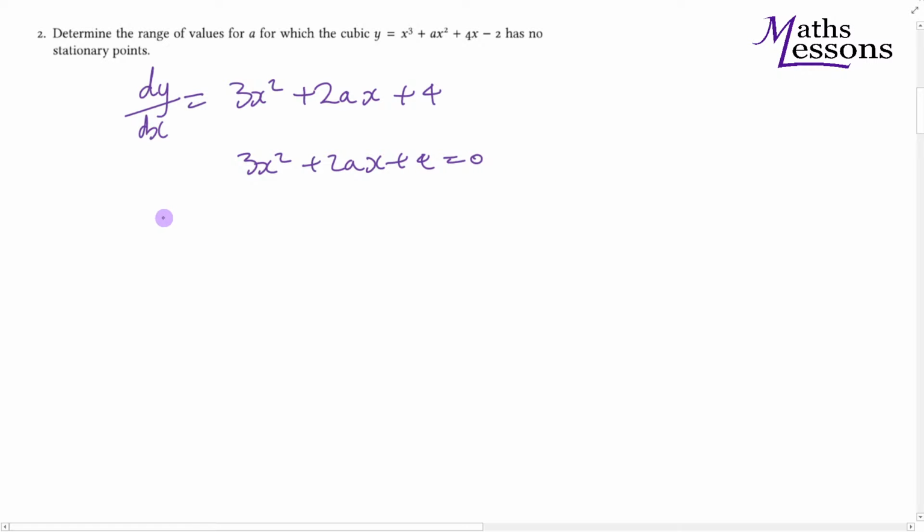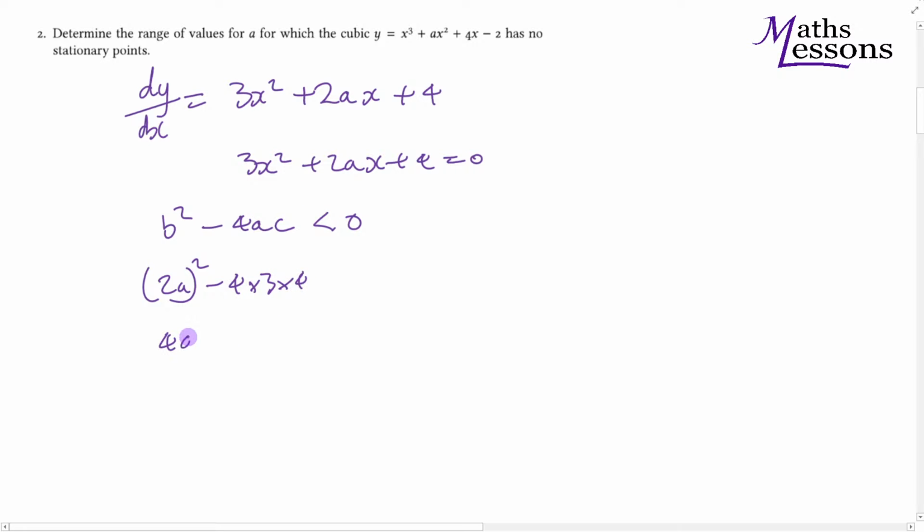And for this to have no solutions, then b squared minus 4ac must be less than 0, because we'll end up with a negative square root and we can't solve that. So b squared is going to be 2a all squared minus 4 times 3 times 4.